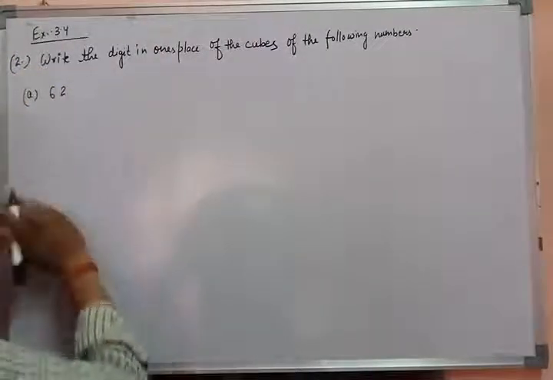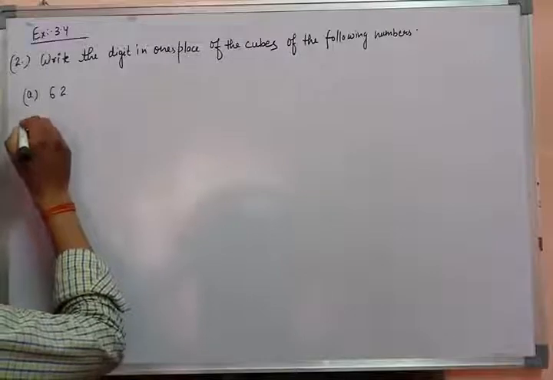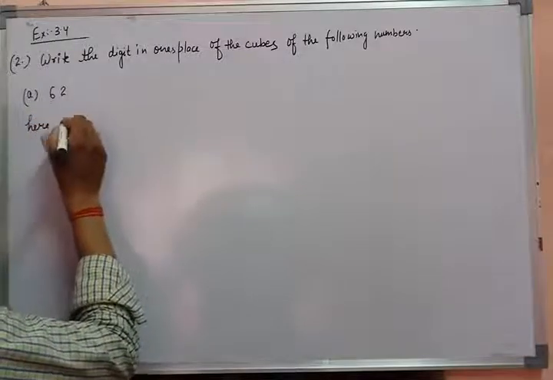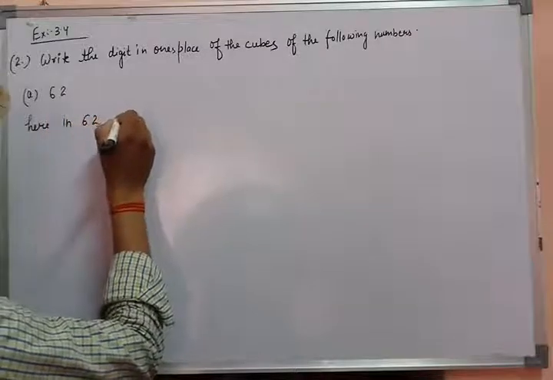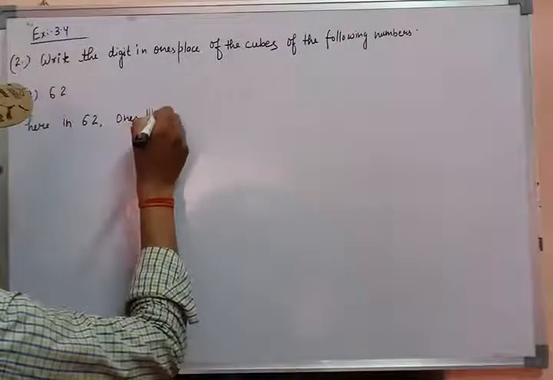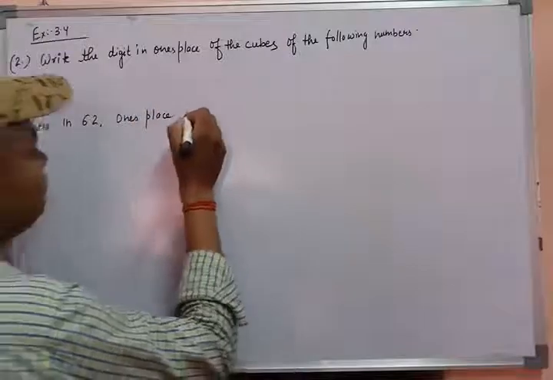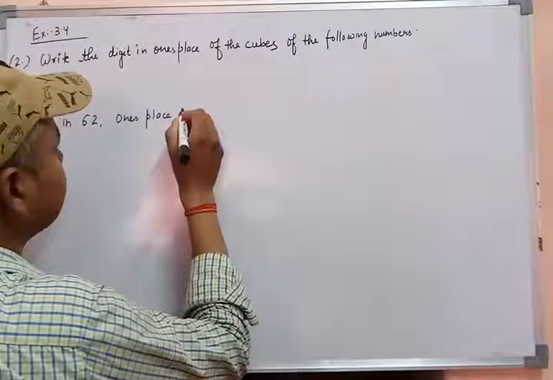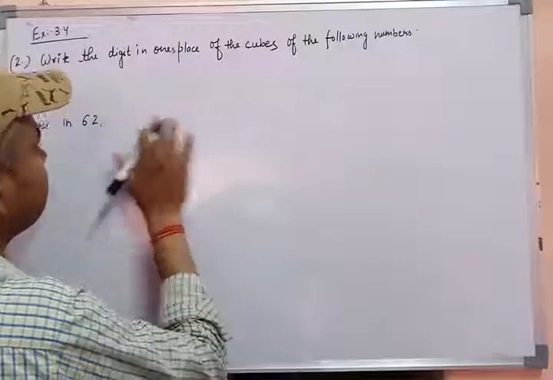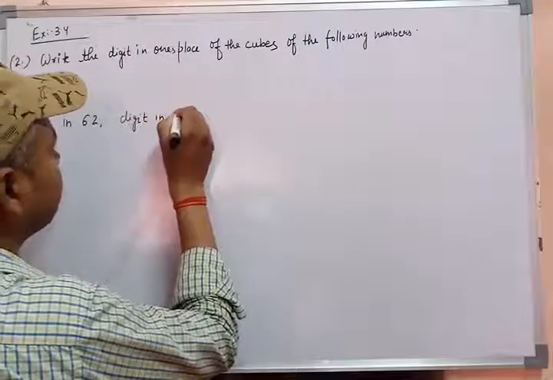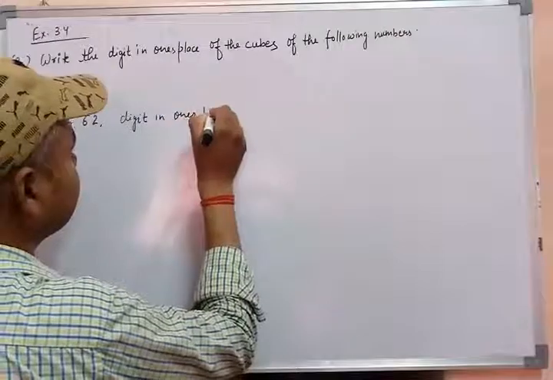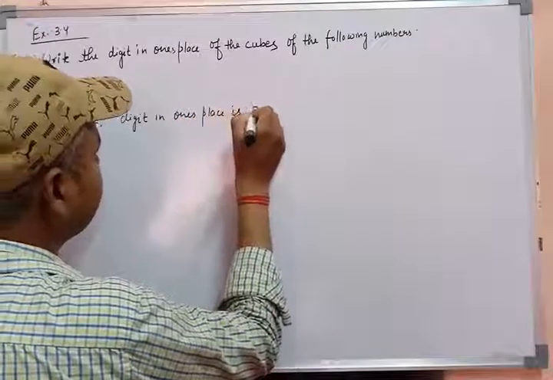So we have to write here: in 62, the digit in one's place is 2.